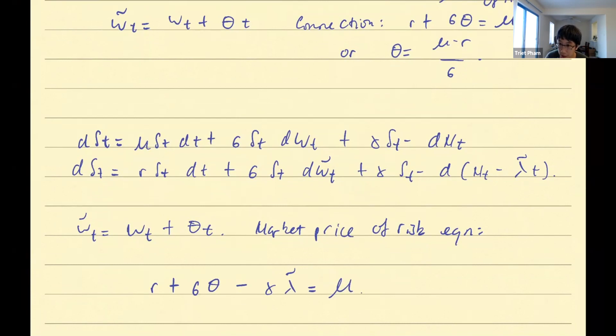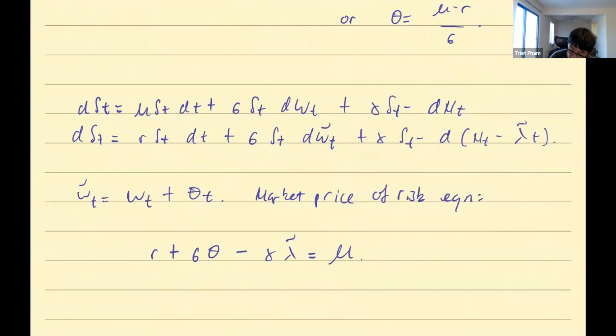That's our market price of risk equation. So be careful here. In this equation, how many unknowns do we have?